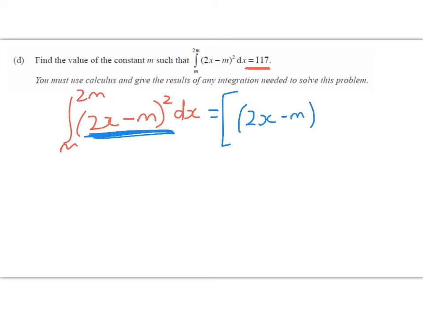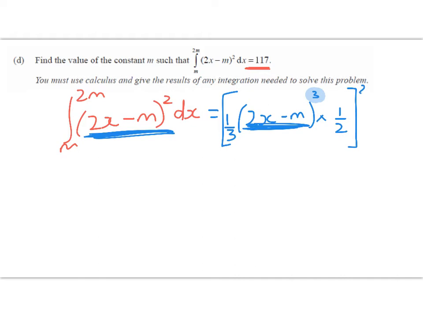Well, we're going to have 2x minus m to the power of 3. I know that I need to multiply it by 1/3 to undo the impact of the 3, right? But as well as that, when we differentiate this, the derivative of the inside function is 2. So that means I need to multiply by 1/2 as well.